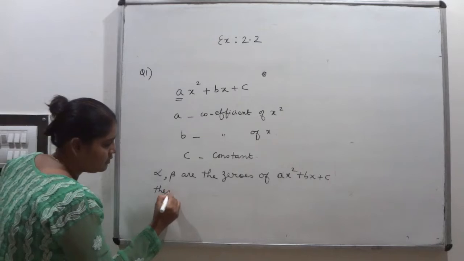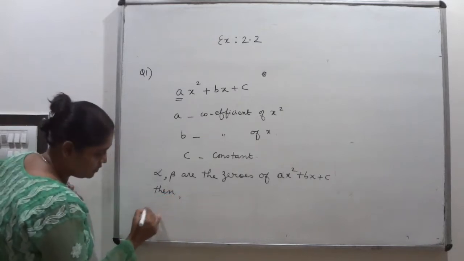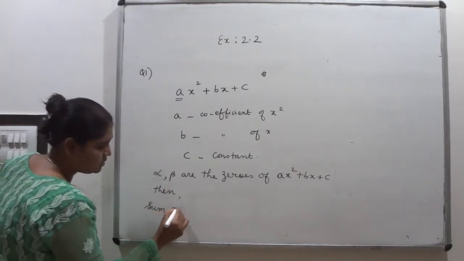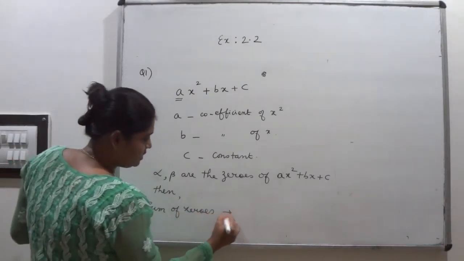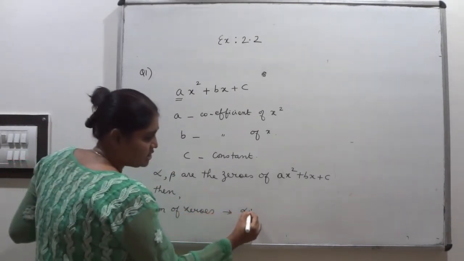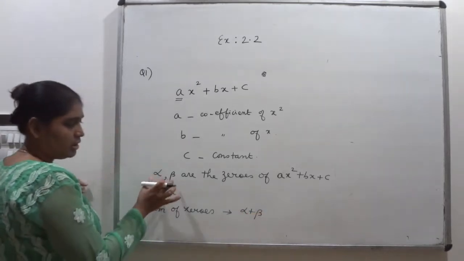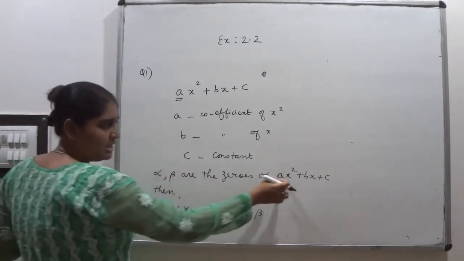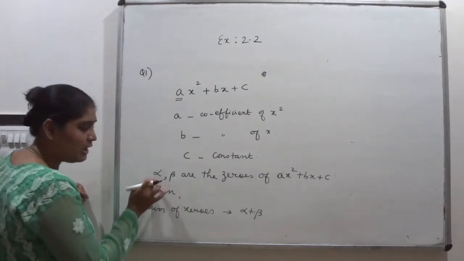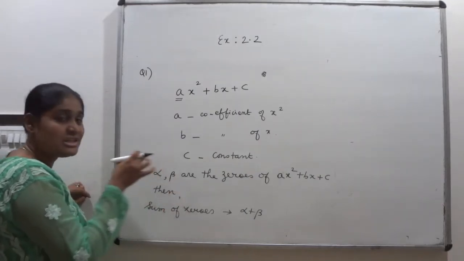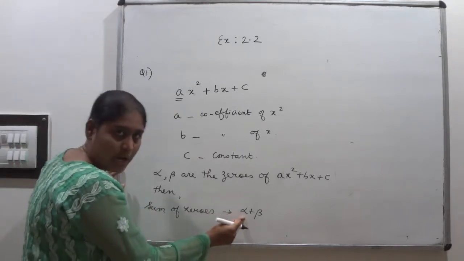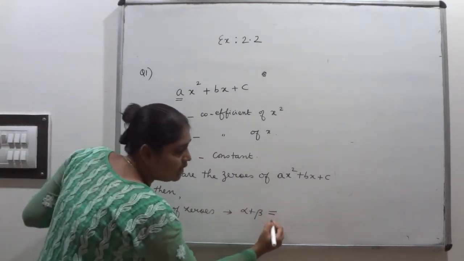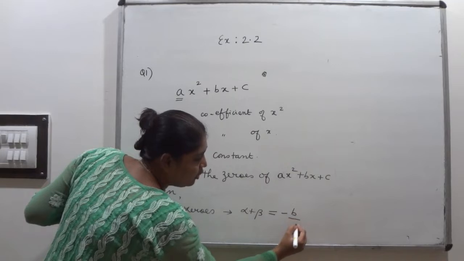Then the sum of zeros means alpha plus beta. Alpha and beta are the zeros, that means solutions of the particular equation. Sum of zeros means you have to add up those two, which is equal to minus b upon a.